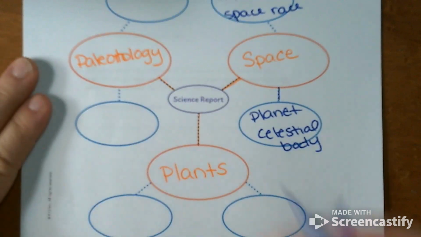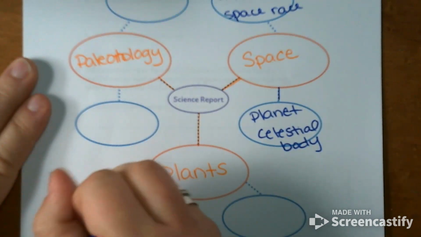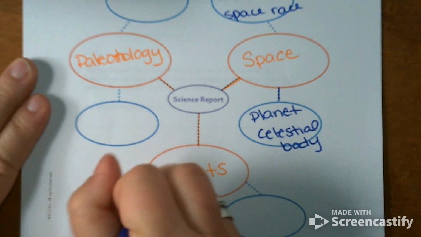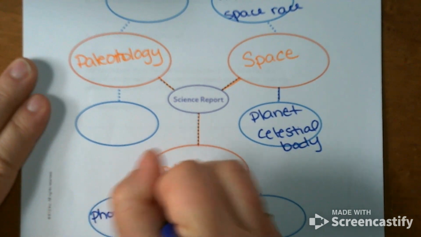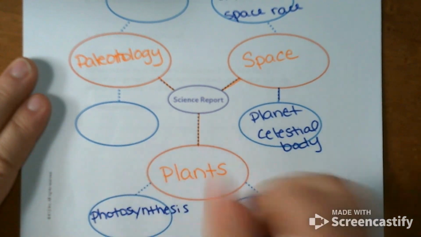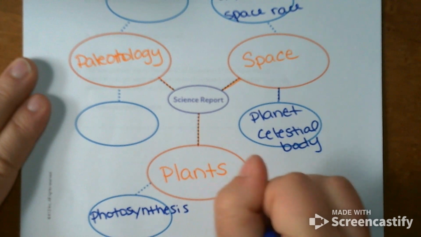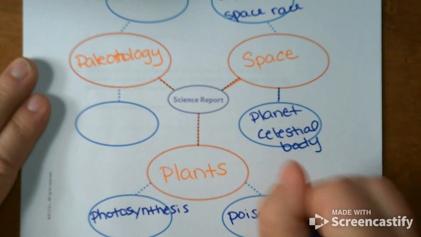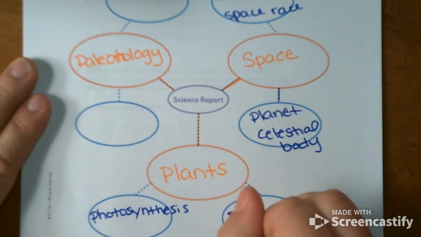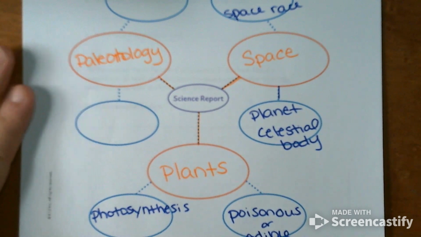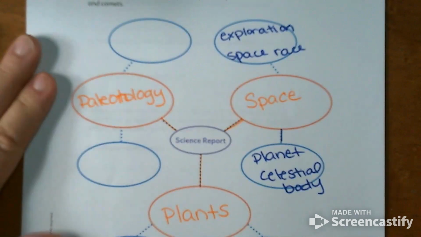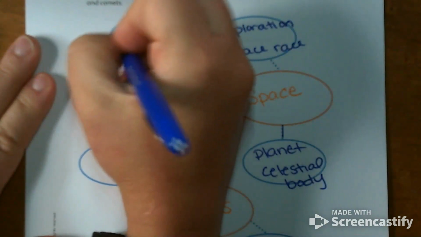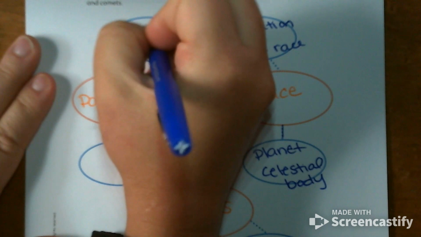In plants, we had photosynthesis that was brought up. If plants were poisonous or edible. You could study a certain kind of plant. Paleontology, we talked about potentially the actual excavation process.